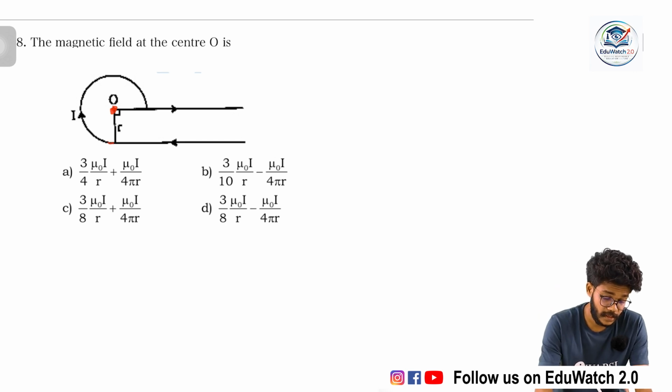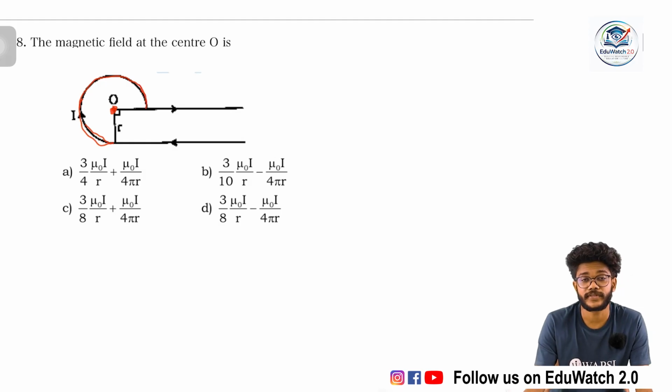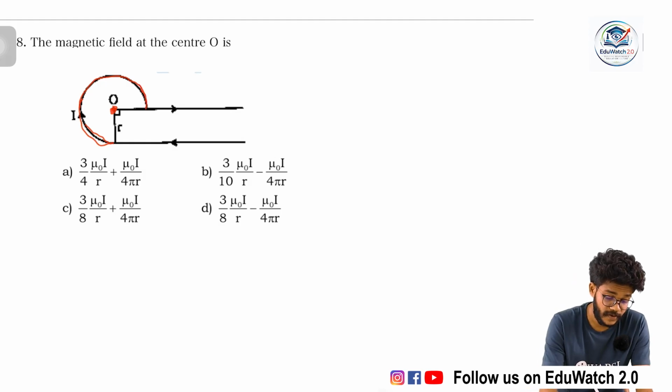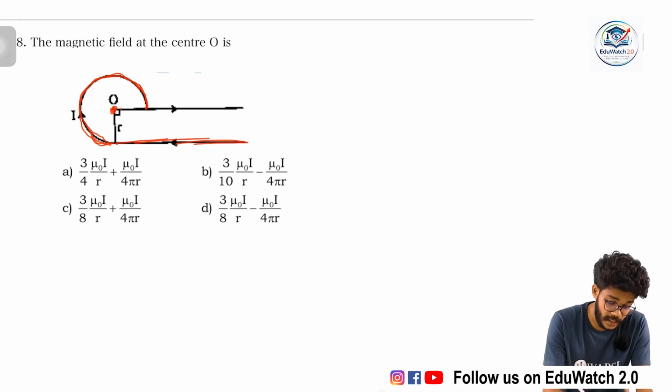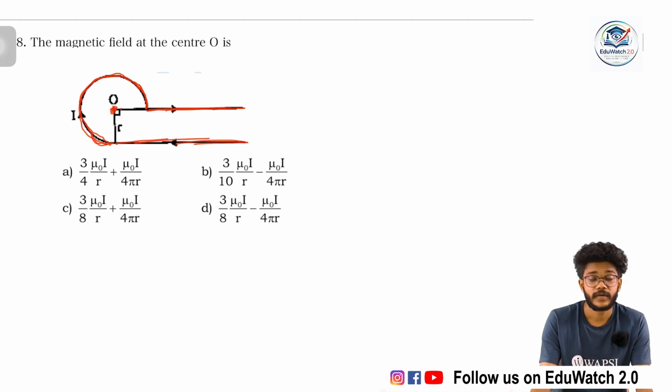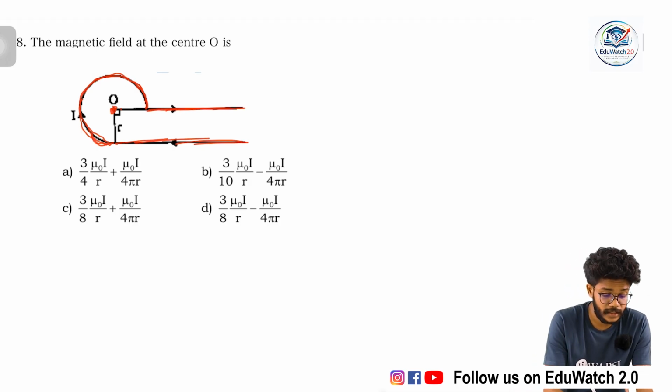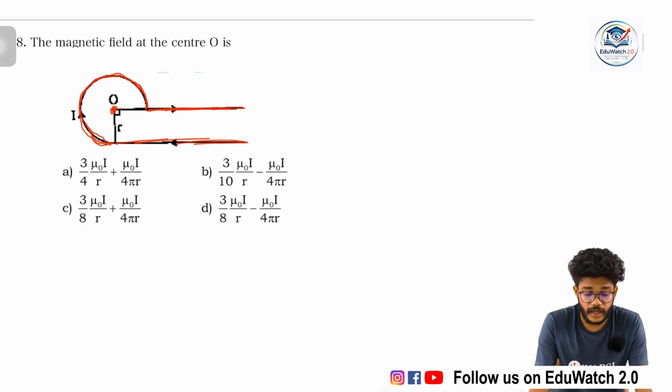Here is a circle, and O is the center of the circle. Some magnetic field is contributed by the circular shape, and here is a line, so magnetic field can be caused by a line. Here is another line, so some magnetic field is caused by that line too.